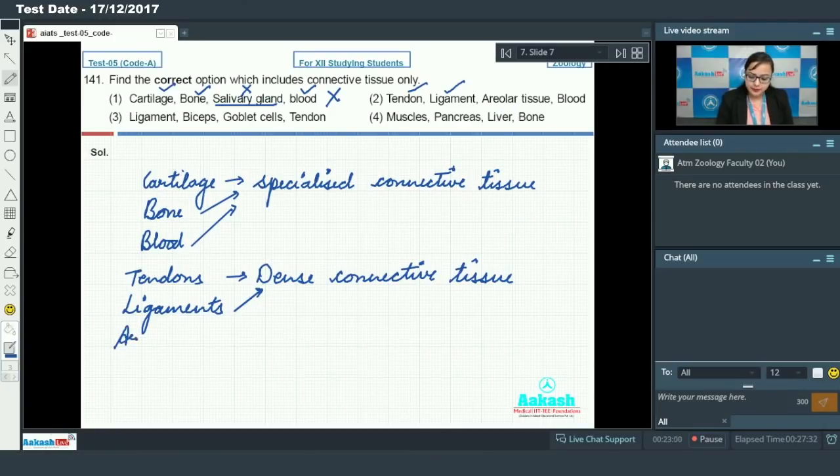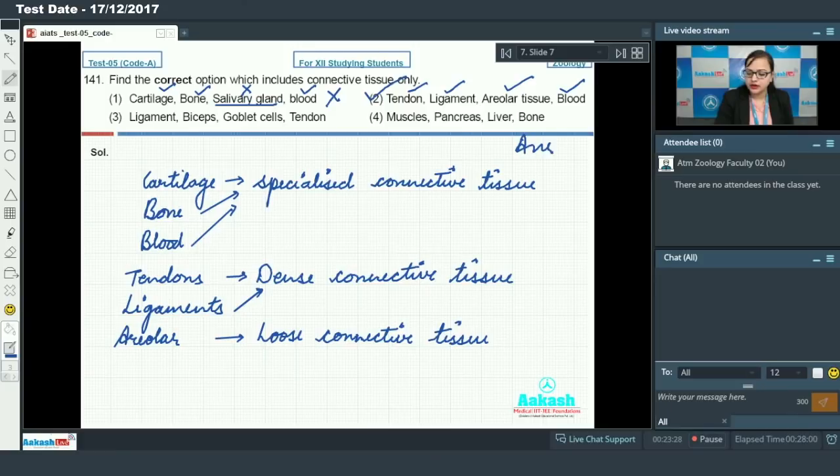Areolar tissue is an example of loose connective tissue. And blood, it is an example of specialized connective tissue. So all the four examples belong to the connective tissue category, making option 2 the answer for our question.